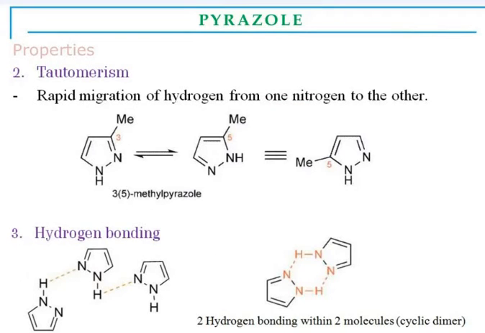Now properties. You see the tautomerism. You already know the meaning of tautomerism. So rapid migration of hydrogen from one nitrogen to other. Look at here, 3,5-methyl pyrazoles. Why? Here the most important thing you have to focus on is the 3 and 5 positions, and that is the need for heterocyclic chemistry.